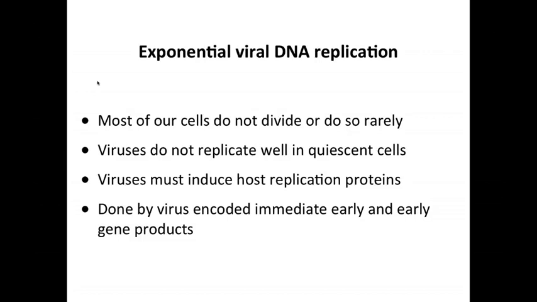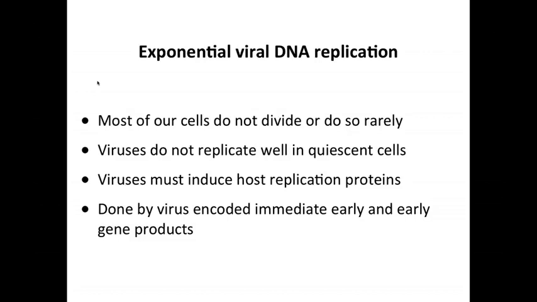So think about how a rather small virus that depends on the cell for its replication machinery would do if it infects a cell where the DNA machinery is turned off. Well, it wouldn't replicate very well at all, of course. So in general, viruses don't replicate well in most of the cells that are in us because they're quiescent.